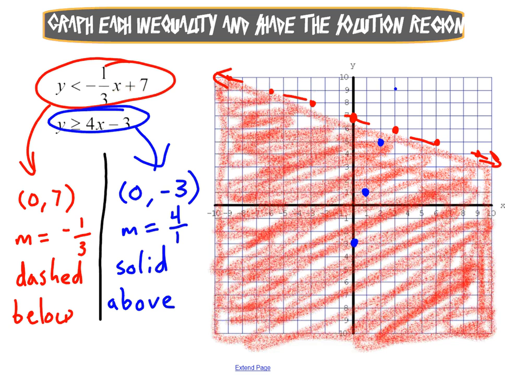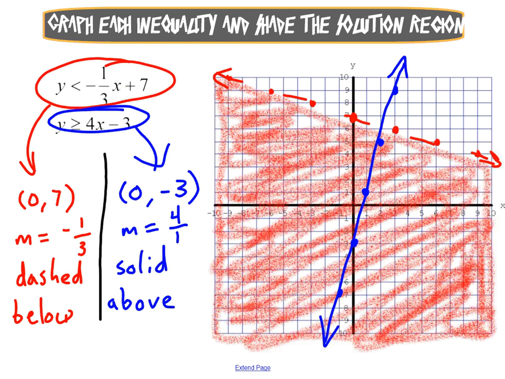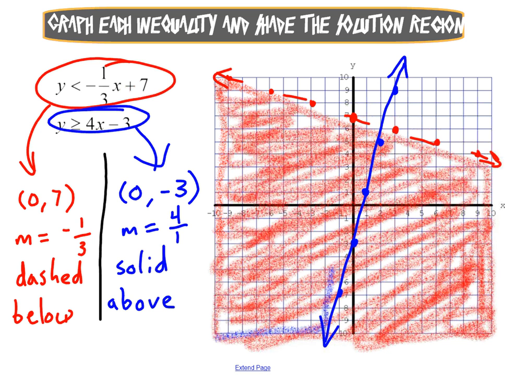It's going to be solid. And then we're shading above. I always like to color the border of what the area is first. And you can see our overlap area gives us that nice purple.